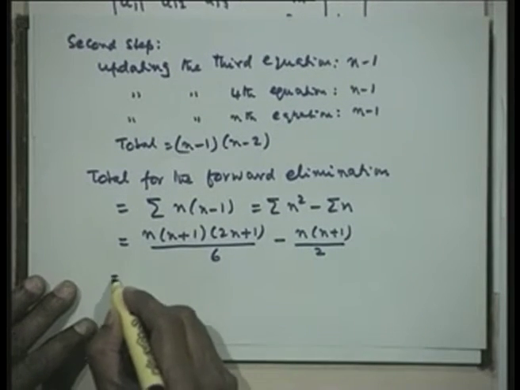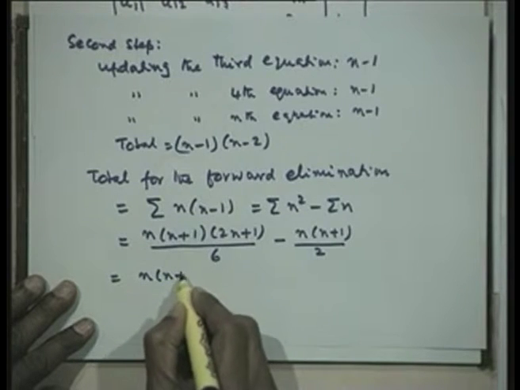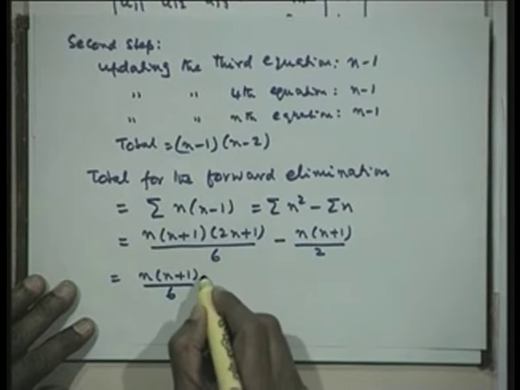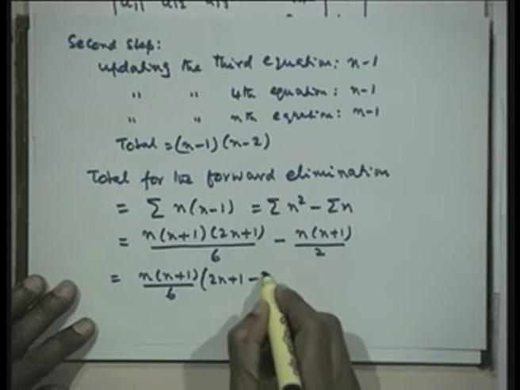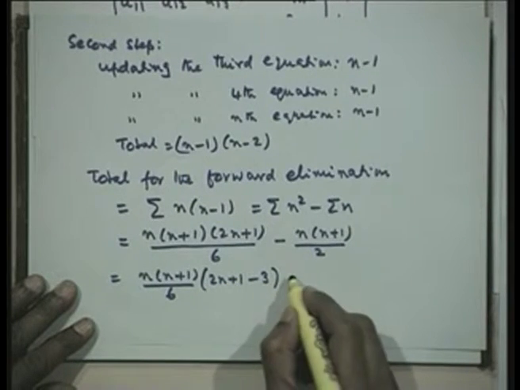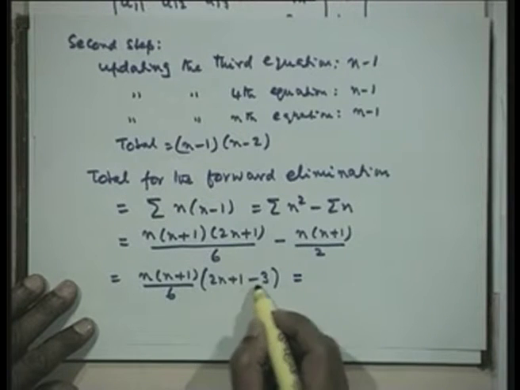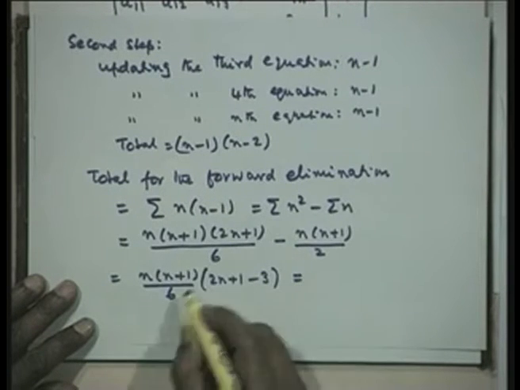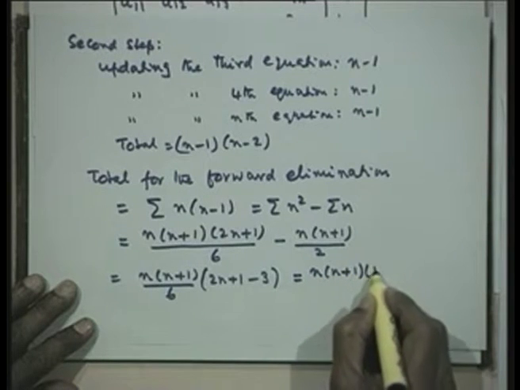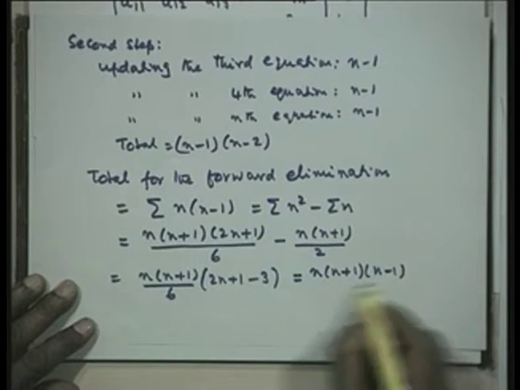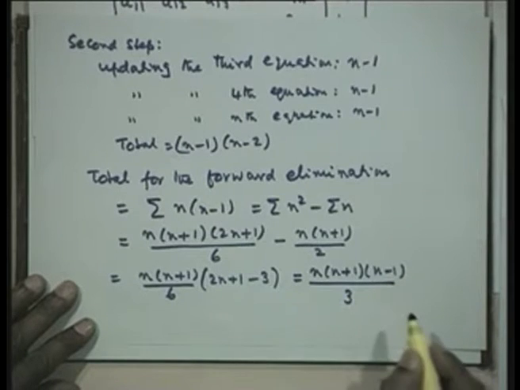Let us combine them, n into n plus 1 by 6 into 2n plus 1 minus 3. So, this is 2n minus 2. So, I will take out 2 outside. So, I will have n into n plus 1 into n minus 1 divided by 3.